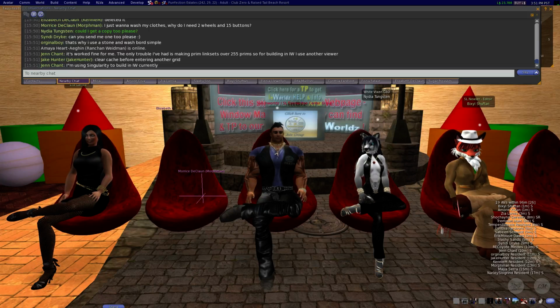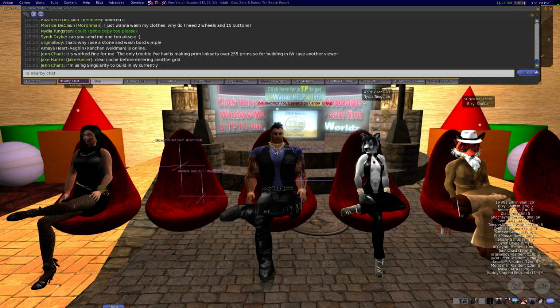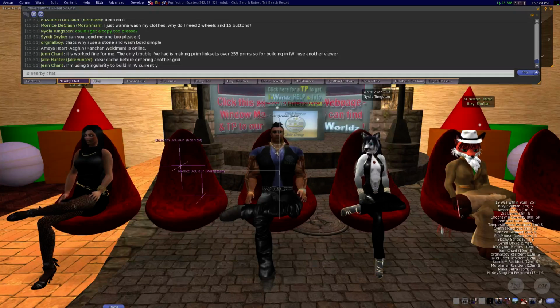So what most of us have done, and this takes some memory on your computers, not a whole lot, is we have one viewer that we play Second Life on and another viewer that we play InWorlds on. Amore and I are inevitably in both worlds at the same time, and sometimes having that little check mark to enable more viewers to operate at the same time comes in real handy.